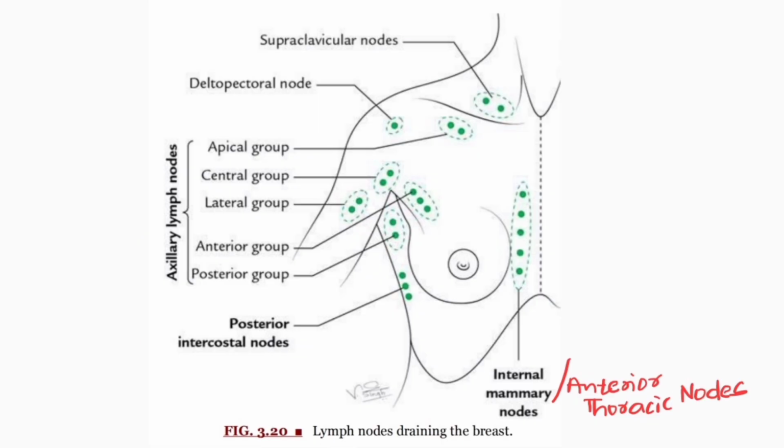As you can see in the diagram, the axillary group of lymph nodes: apical, central, lateral, anterior and posterior groups, these 5, and the internal mammary nodes, also called as anterior thoracic nodes, and the posterior intercostal nodes, the deltopectoral node and the supraclavicular nodes. So you can see based upon the region where these nodes are present, the name has come to these nodes.